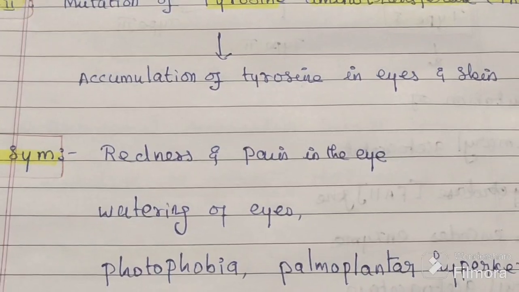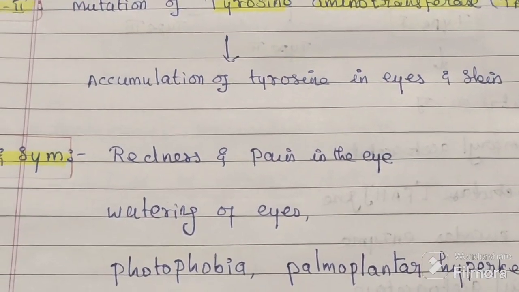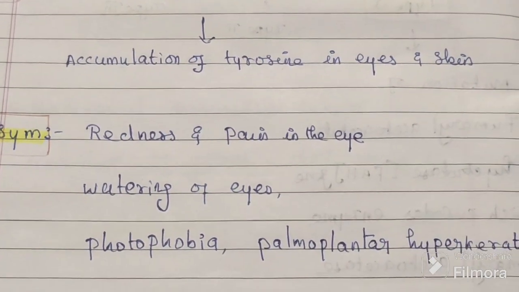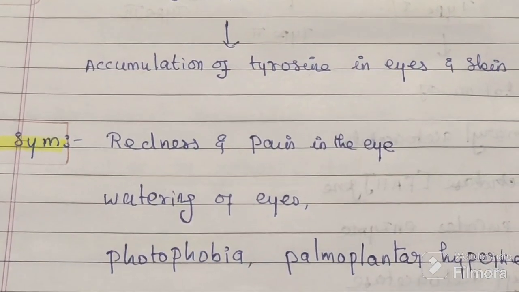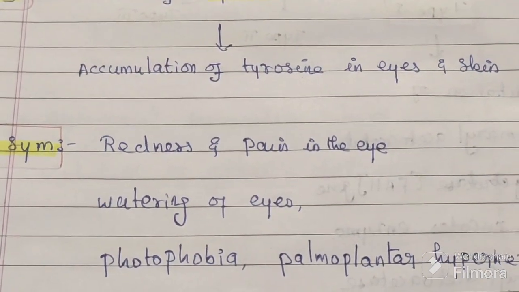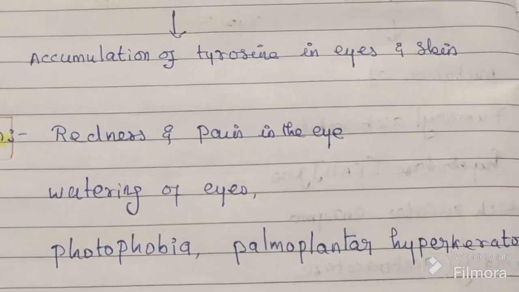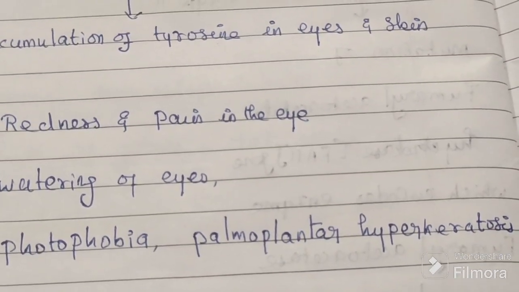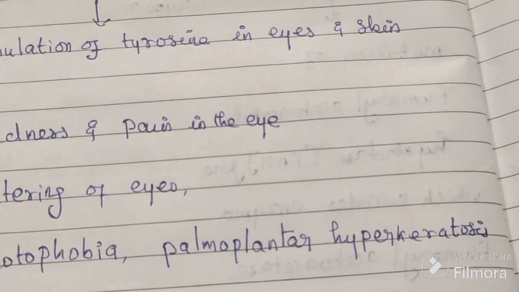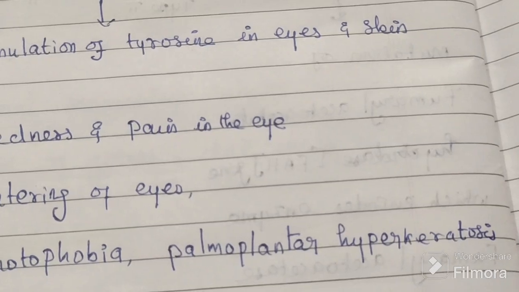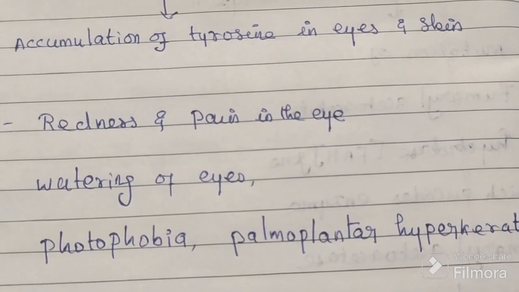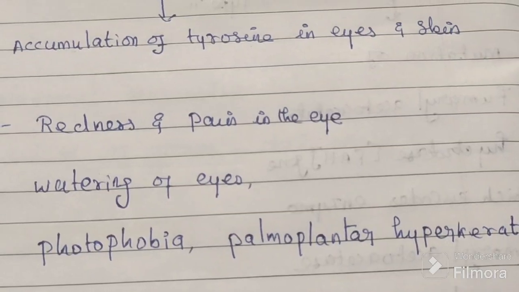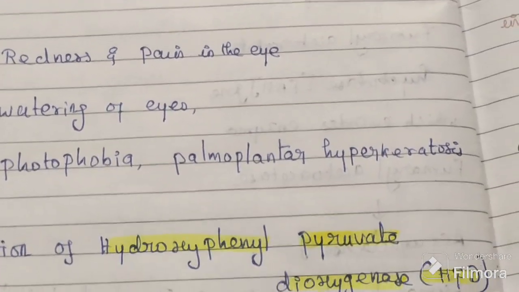There is redness and pain in the eyes, watering of the eyes, photophobia, palmoplantar hyperkeratosis, and some of them manifest intellectual disability.